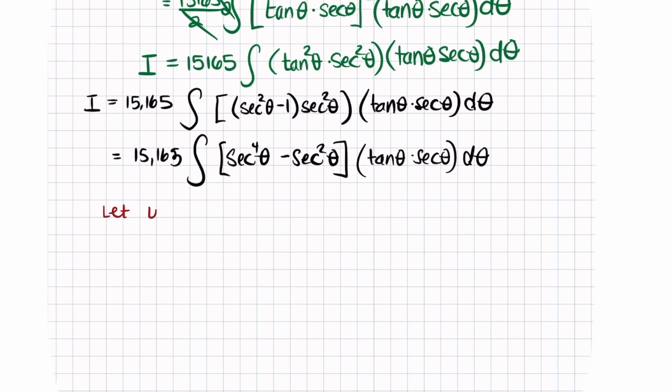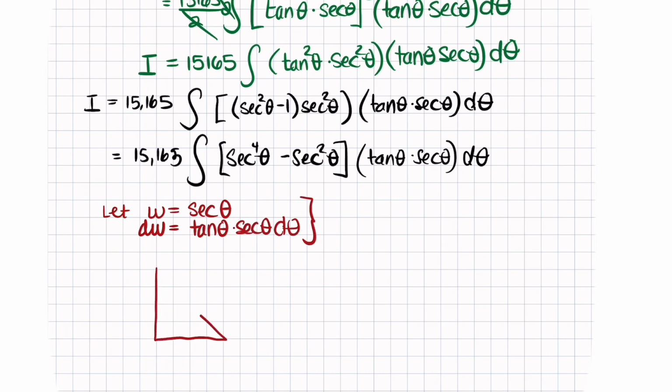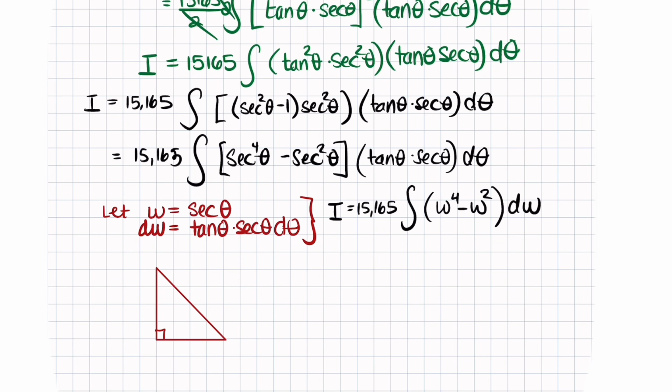If we now make a substitution of w equals secant theta, differentiating that will give us tan theta secant theta d theta, which is what we want. And now we're going to substitute into that integral. It becomes 15,165 times the integral of w to the 4th minus w squared dw.